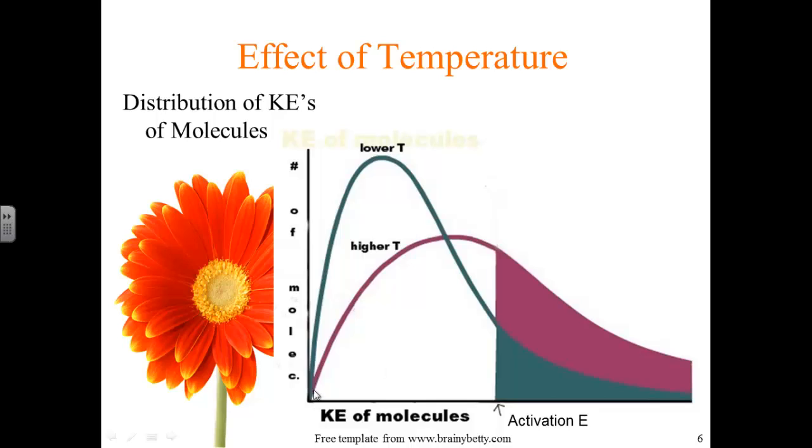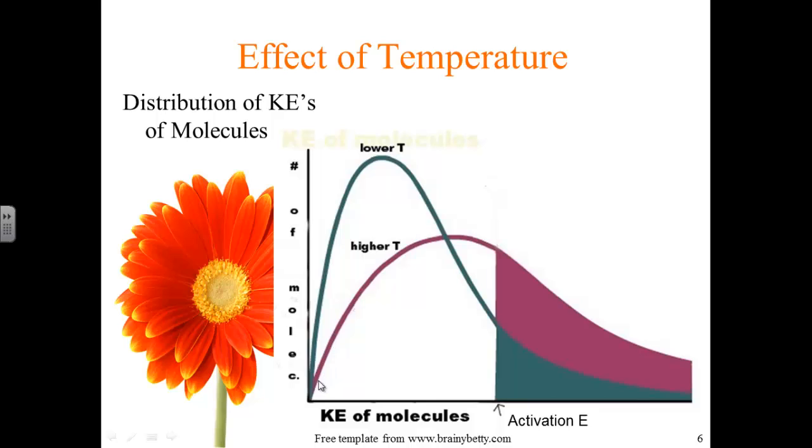So if you look at these two curves, the lower temperature reaction has most of its molecules on the low end of kinetic energy. It has some molecules over here in this shaded area that are able to react, but the majority of them are not high energy enough to cause bonds to break during a collision.